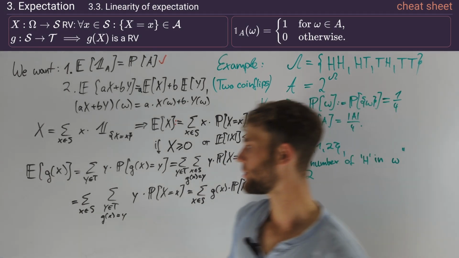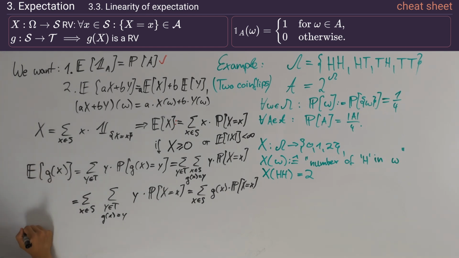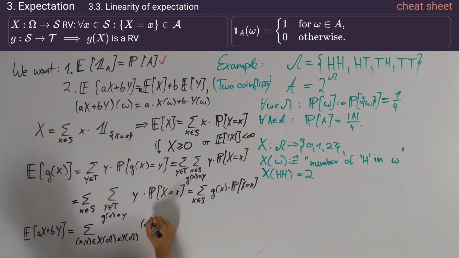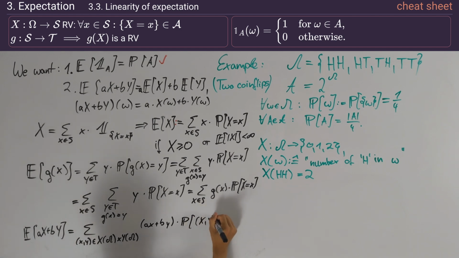The transformation formula yields that if the expectation of aX plus bY is defined, then it is equal to the sum over (x, y) in X of Omega cross Y of Omega of ax plus by times P of (X, Y) equals (x, y).